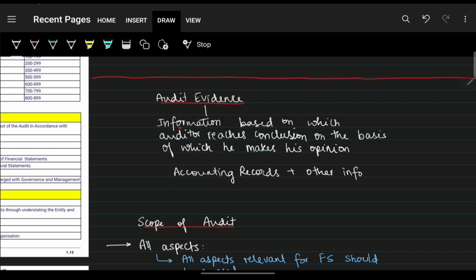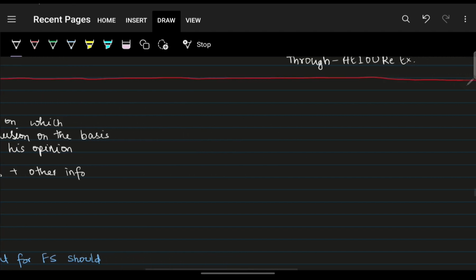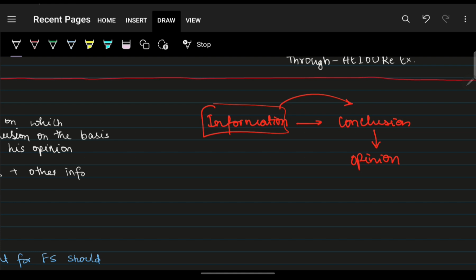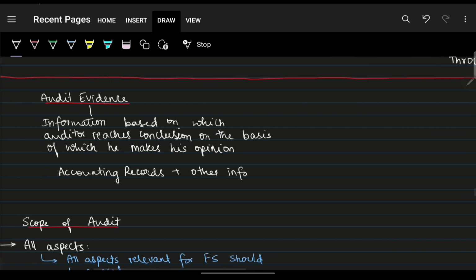Audit evidence is the information based on which the auditor reaches a conclusion, and on the basis of which he expresses an opinion. Very simple, right?